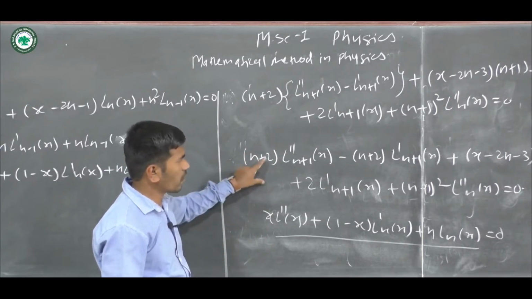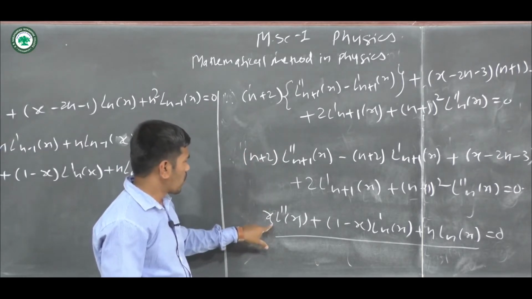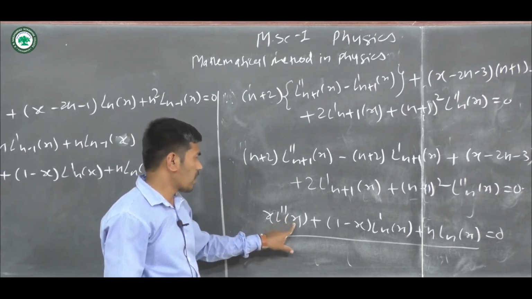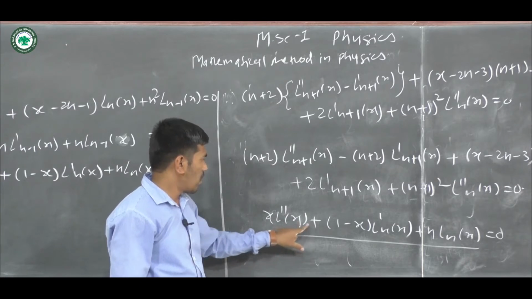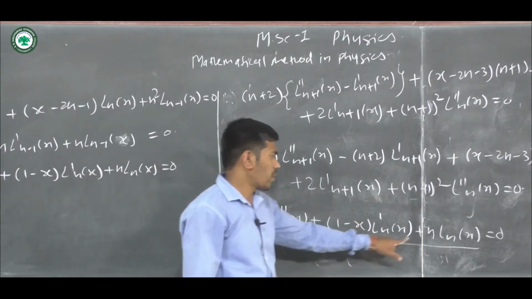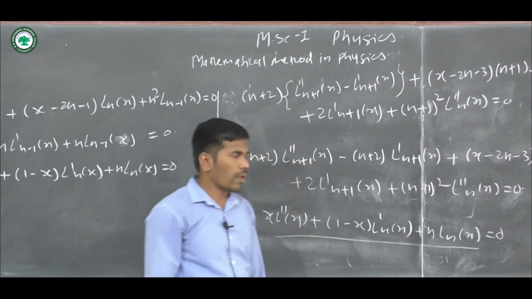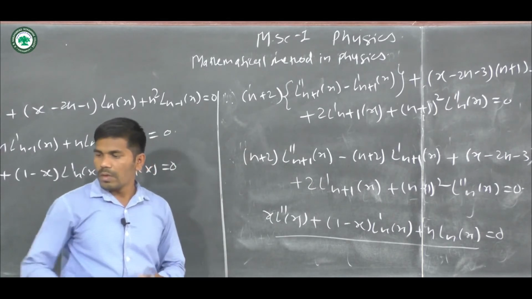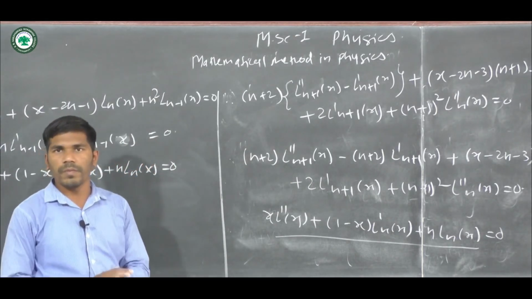I am not going to solve all these things. So this is the third recursion relation: x into L double prime n of x plus (1 minus x) L prime n plus n into L n equals 0, okay. So this is the third recursion relation. So we are going to stop here. Thank you.